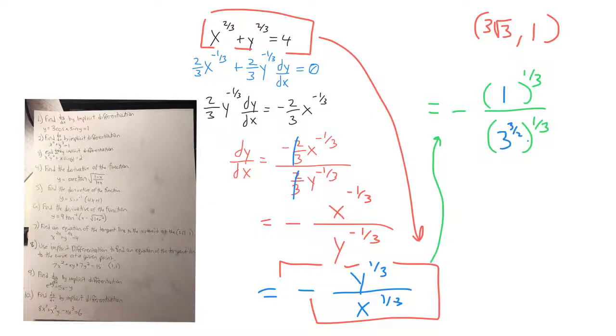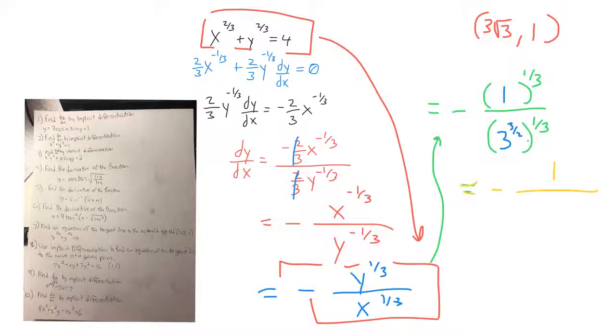Now, why am I doing all that consolidating here? Well, the reason is because I want to apply this easily and in a way that's not confusing. When you have a power raised to another power, all you have to do is multiply the powers. So on the next line, I'm going to write, in a different color, negative 1 to the 1/3, let's just call that 1 because it is.